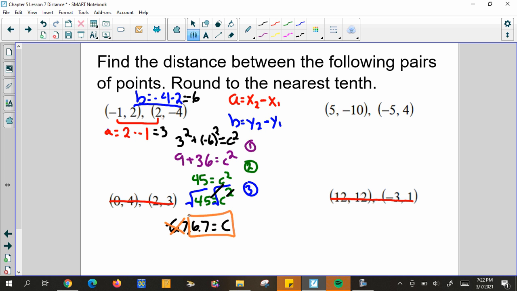Now let me remind you of what we did in this problem.